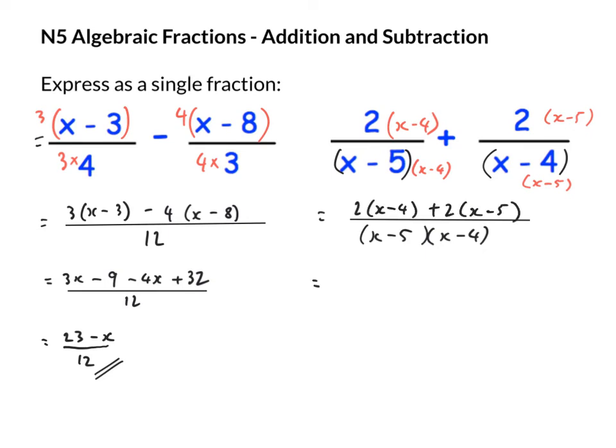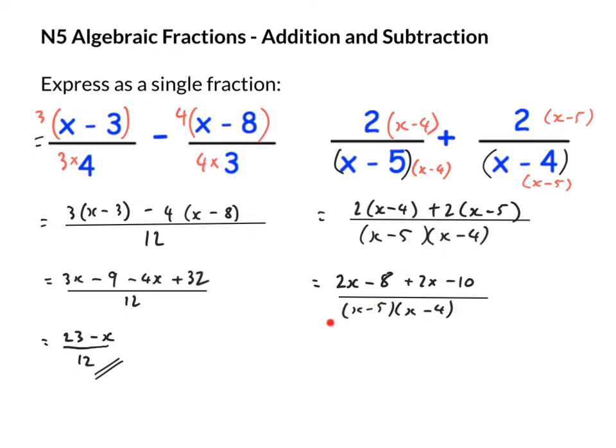I can go ahead and multiply these out. 2 lots of x minus 8 plus 2 lots of x minus 10. All of that will be over x minus 5, x minus 4.